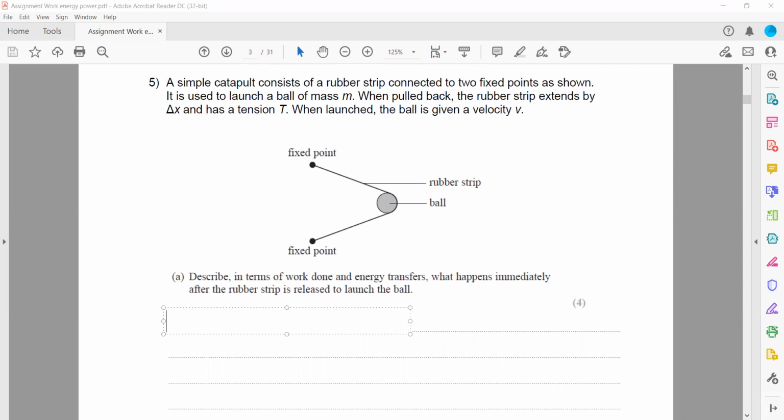So first, there's a work done by the rubber strip, because when we release, the ball will move. So initially there is a work done by the rubber strip on the ball.